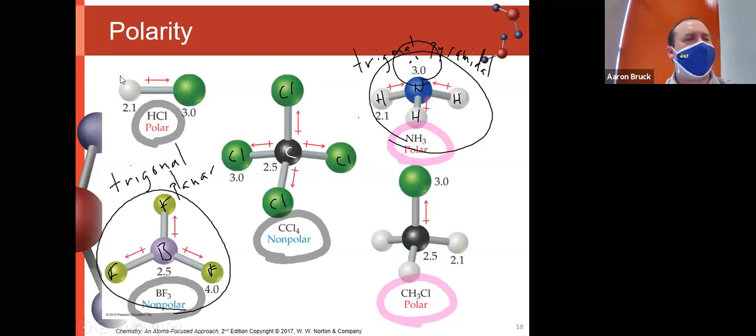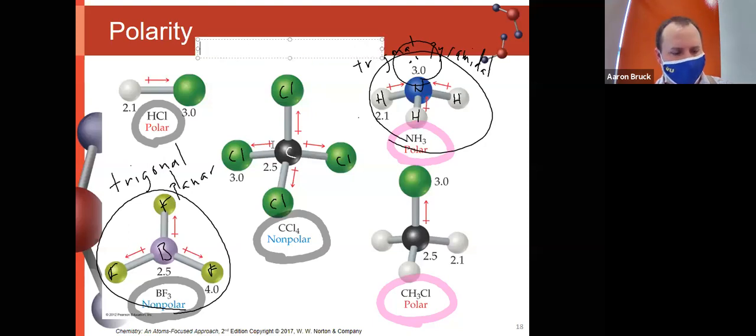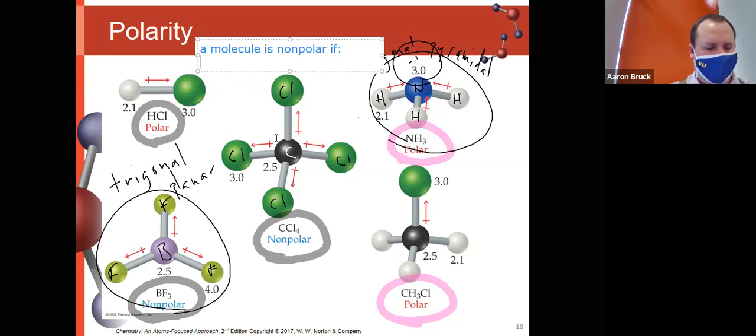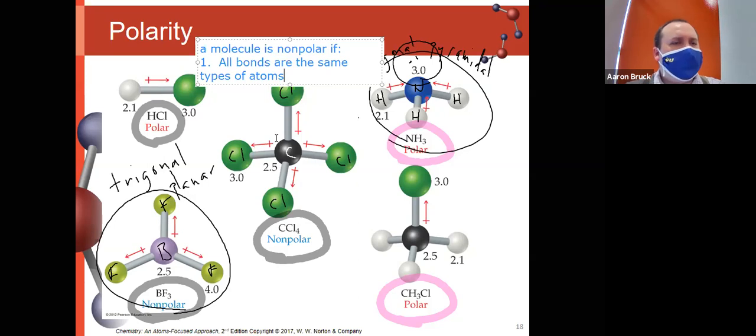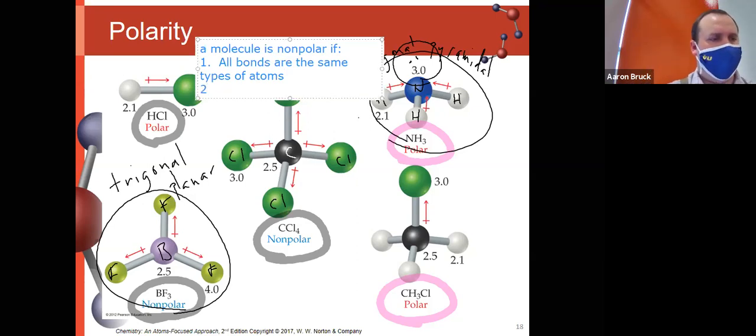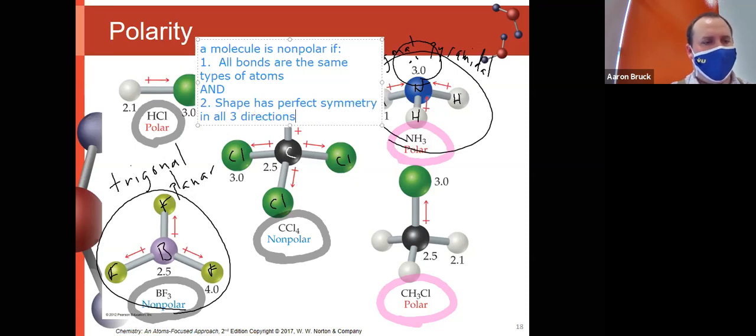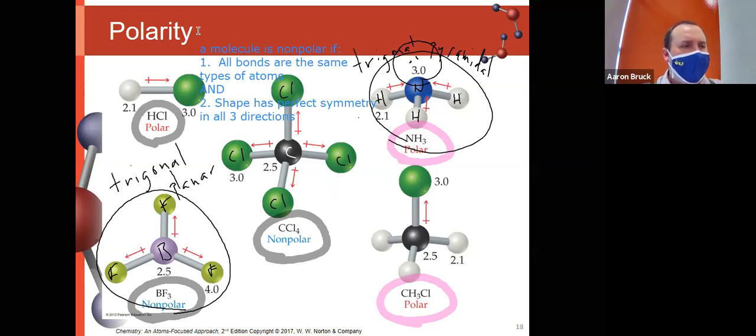So when it comes to determining polarity, a molecule is going to be nonpolar if all of the bonds are of the same type of atom, and the shape has perfect symmetry in all three directions.